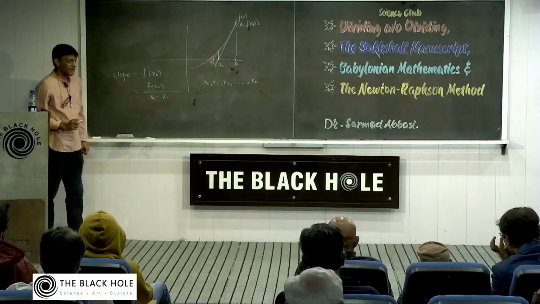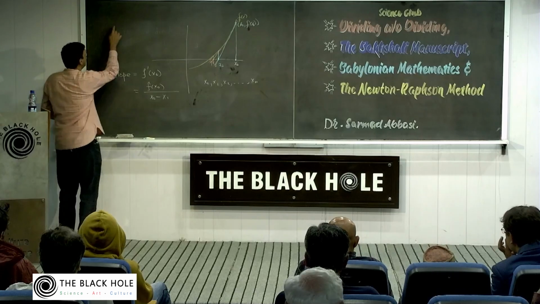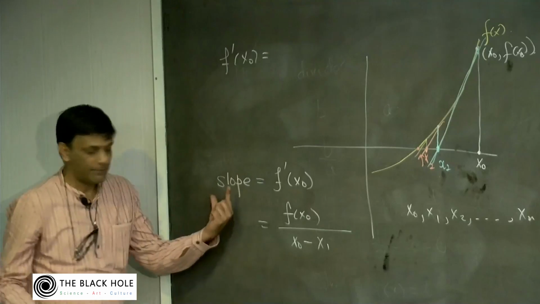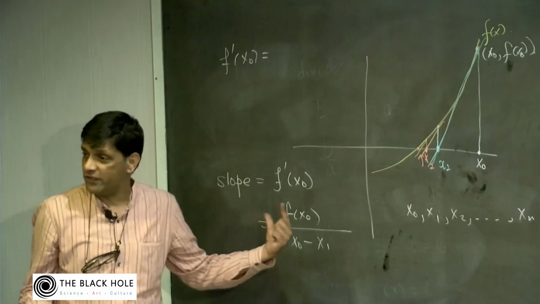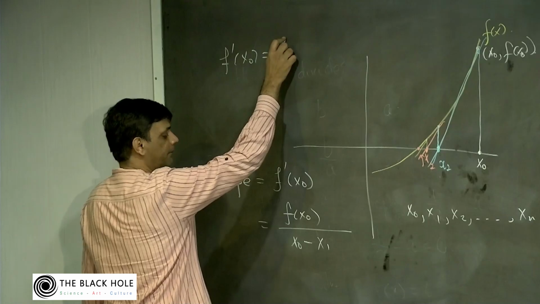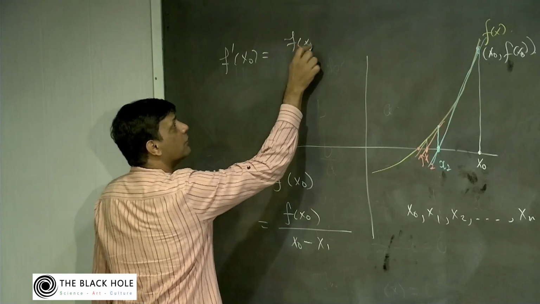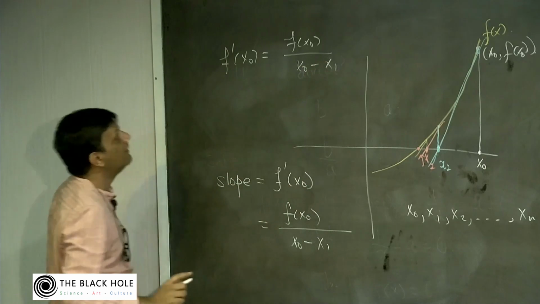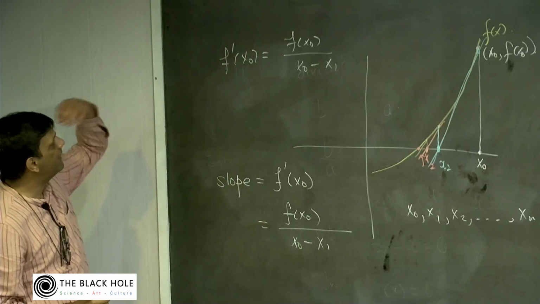Now I have this wonderful equation because I've measured the same quantity twice: f prime of x0 equals f of x0 over x0 minus x1. Have I done this correctly? I hope I have.